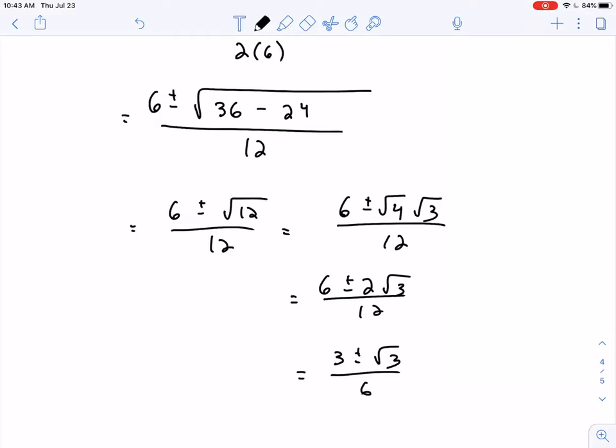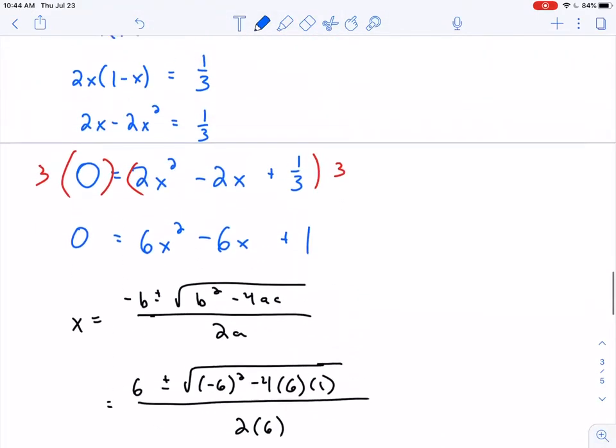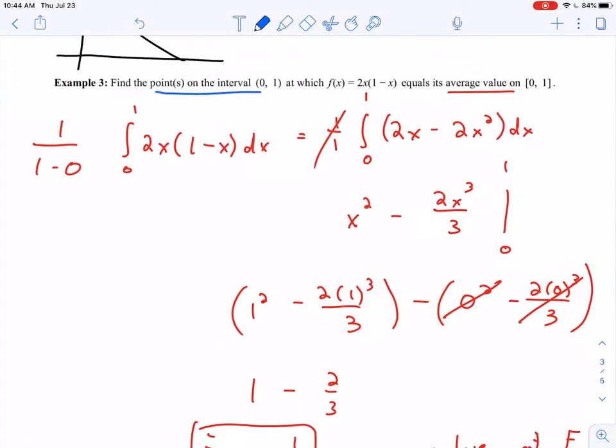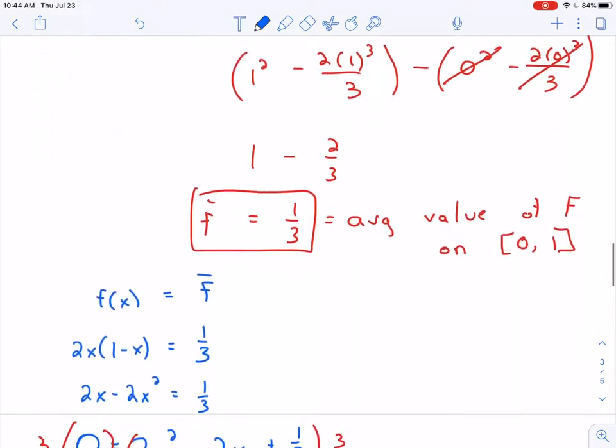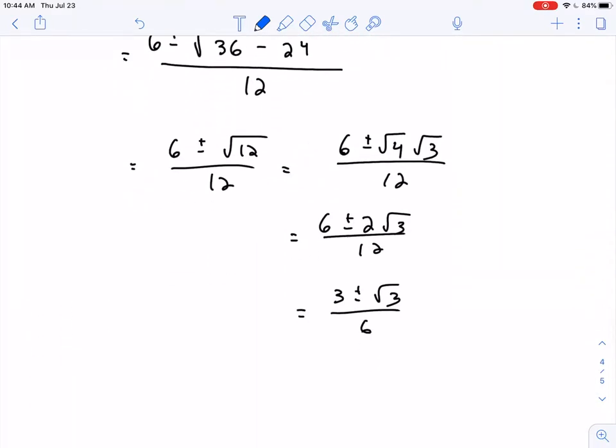I'm almost done. I swear we're almost done with this problem. The last thing I need to do, if we go back and look at the directions, we said, hey, find the points in the interval 0, 1. I need to find out which of these 2 numbers, or if and maybe both, fall in the interval 0 to 1, because that was the interval that I care about.